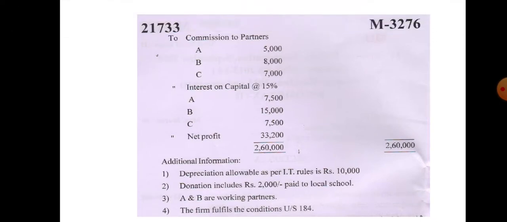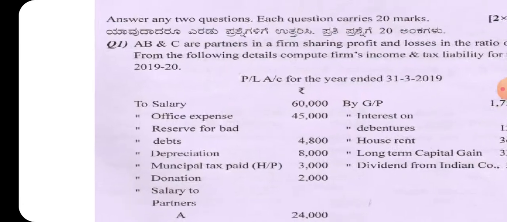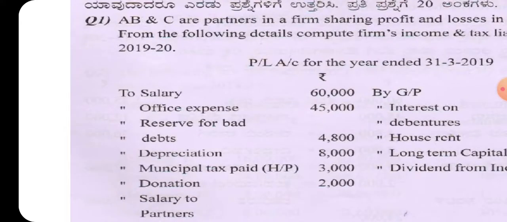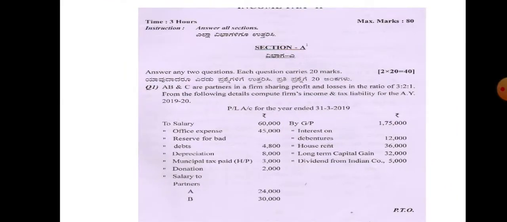In the profit and loss account, depreciation deducted is 8,000. But the actual amount to be deducted is 10,000. So 8,000 is deducted in the profit and loss account, but in the adjustment they are telling you have to deduct 10,000, which means 2,000 more.